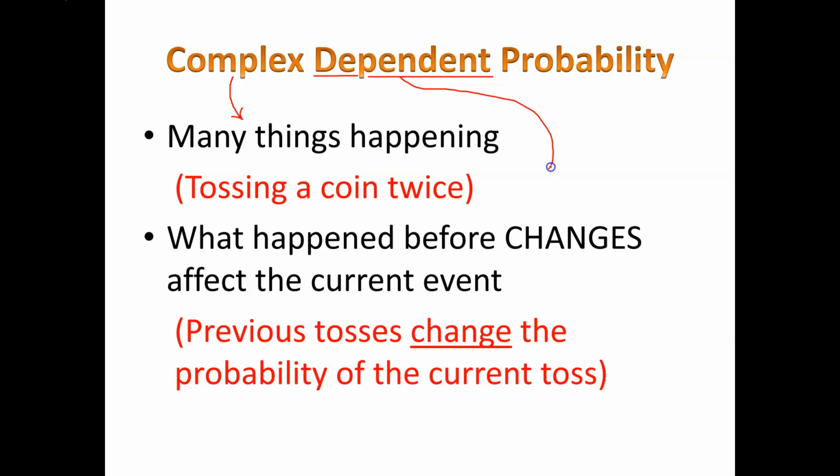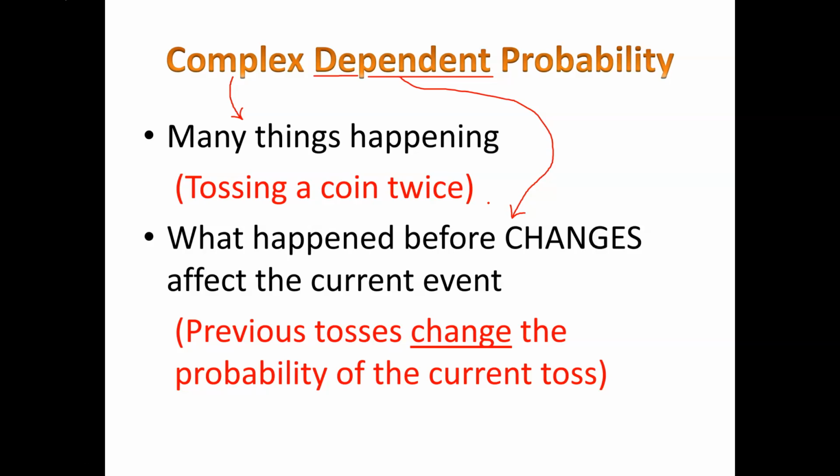Dependent means that what has happened previously somehow changes what's happening now. The easiest way to describe dependent probability, given the tools and contexts that we've previously used, is a cup full of colored cubes.